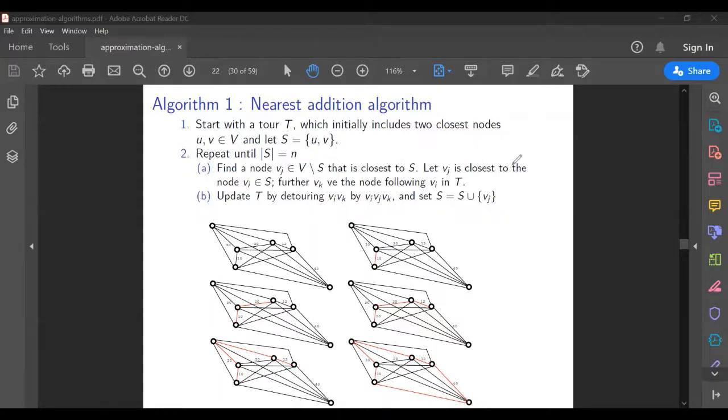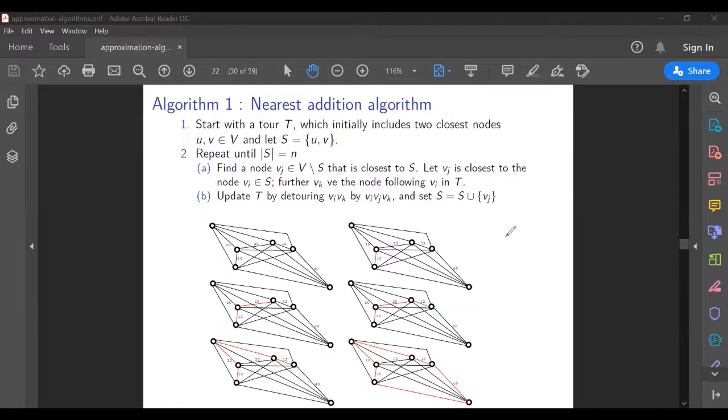Let Vi be the closest node in S, and Vk the node following it. Now we update T again by inserting Vj between Vi and Vk, so we have Vi, Vj, Vk, and the set S includes the Vj that we have chosen.